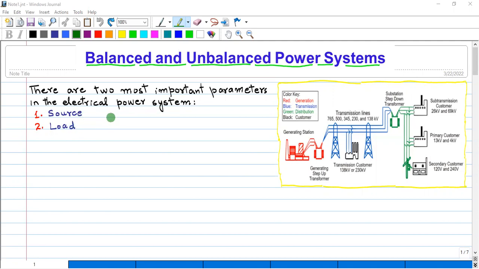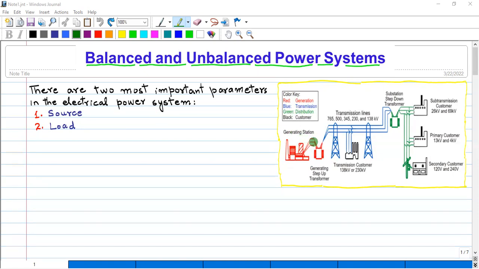Normally, the magnitudes of the generated voltages in the power generation are the same and the phase difference is 120 degrees. As you can see in this figure, this is the first parameter of the power system, that is, power generation.